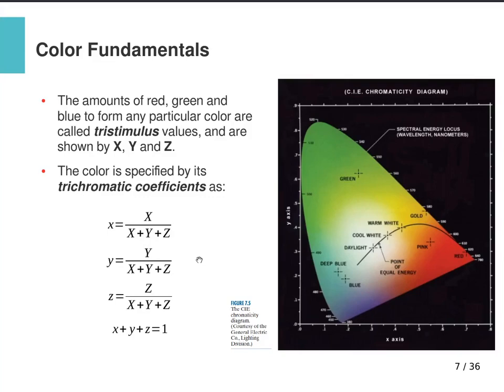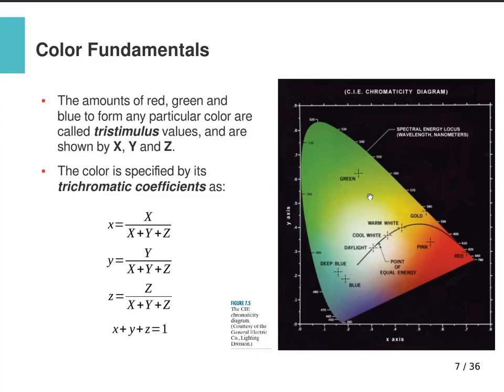So if you look to the right, you see the standard CIE chromaticity diagram. If you take a closer look, the horizontal axis shows x, and the vertical axis shows y. Each point in this diagram is represented by a portion of red, a portion of green, and also a portion of blue.